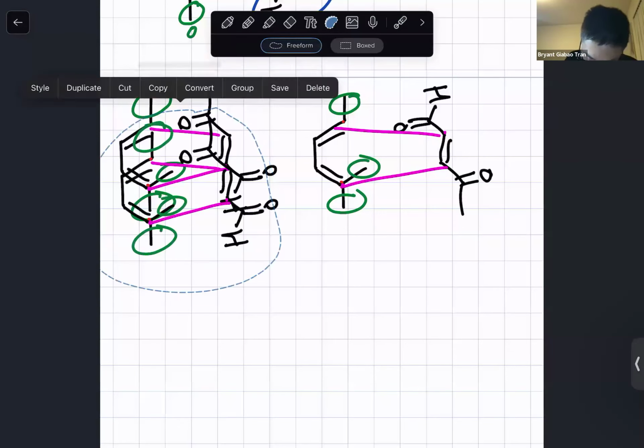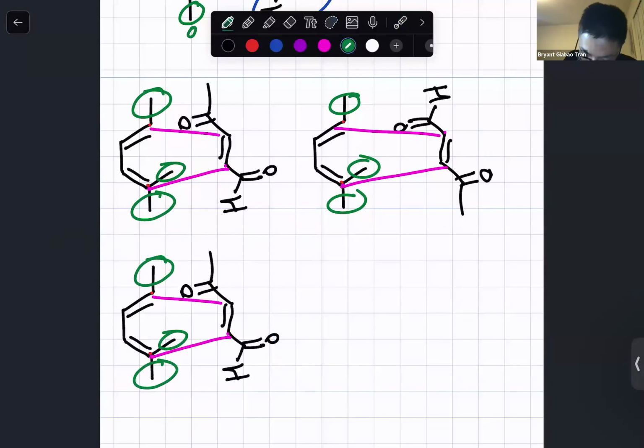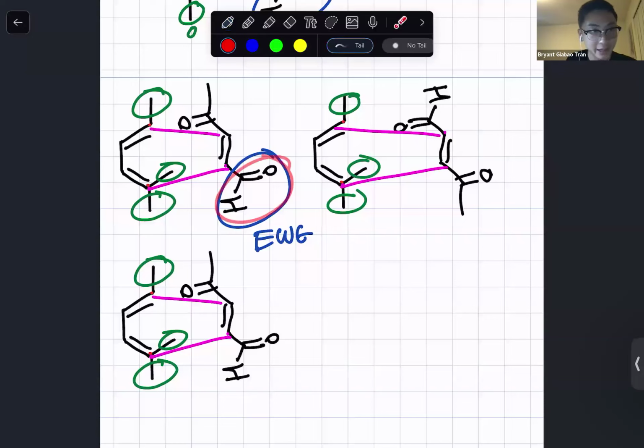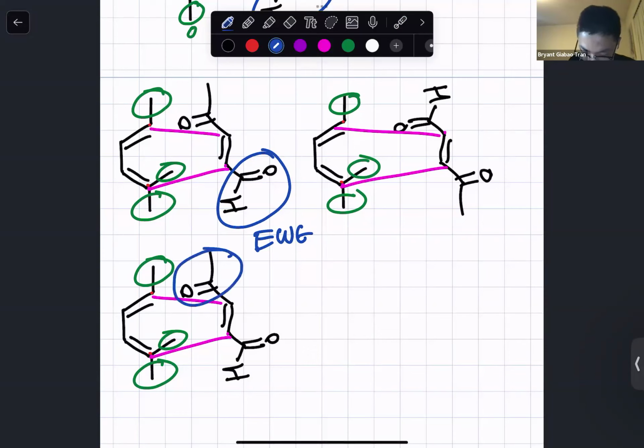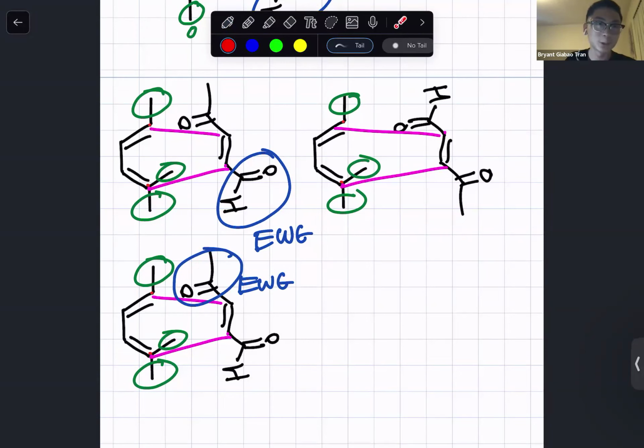So let's say for this first set here, we treat the aldehyde as the EWG. That means all of the out groups will be cis to that aldehyde right there. But you could have also treated the ketone as the EWG. That means all of the out groups will be cis to this ketone instead of the aldehyde. So that's the difference between the 4 other set of products.